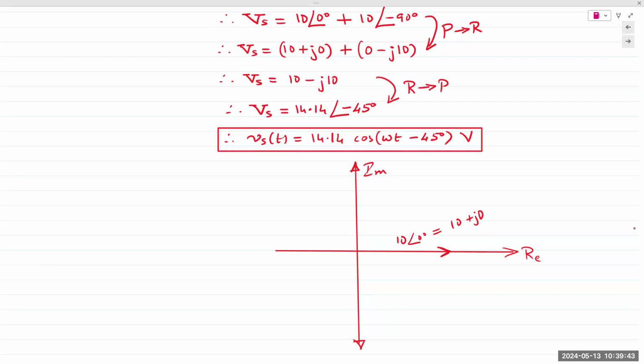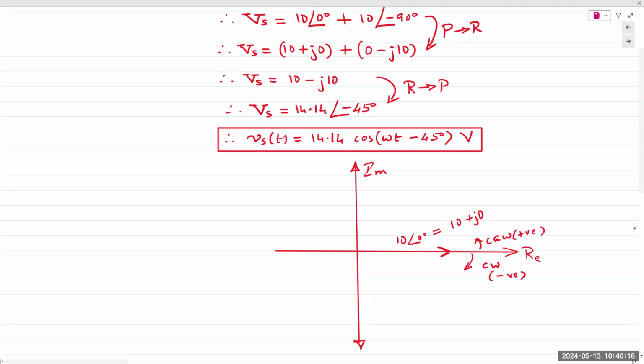And then the second vector is 10 with an angle of minus 90. To plot the phasor, you first look at the angle, mark out the angle, and then plot the magnitude. In this case, the angle is minus 90. Clockwise is negative and counterclockwise is positive.